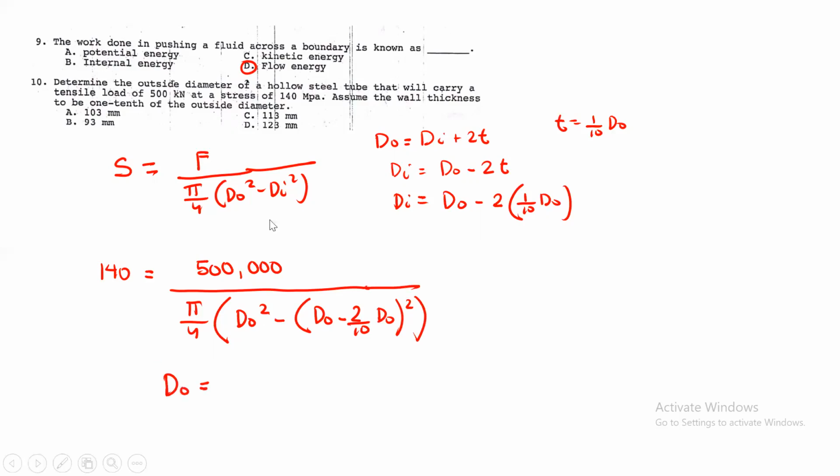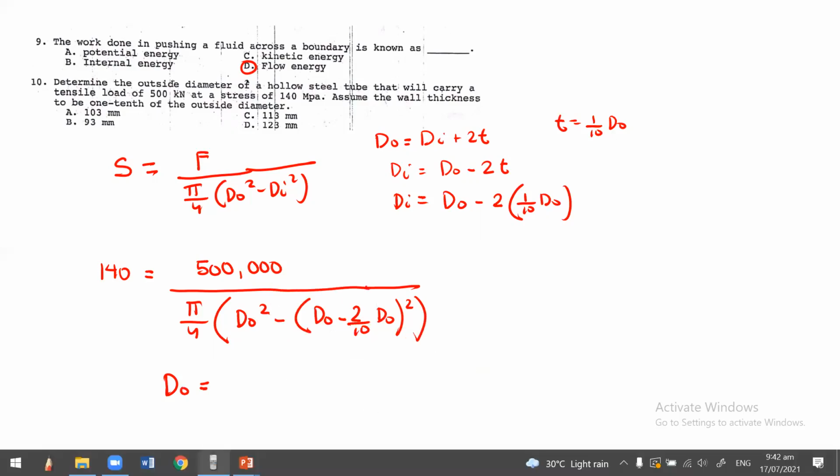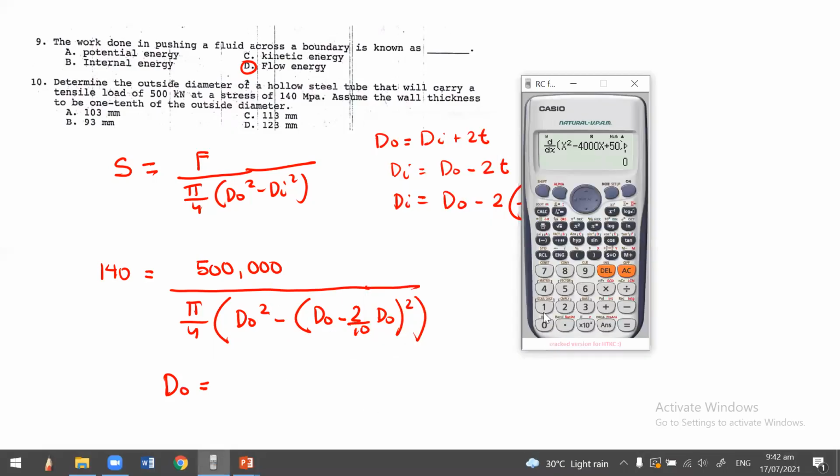By shift solve, 140, 500,000 pi over 4 times alpha x squared minus alpha x minus 2/10 alpha x squared.